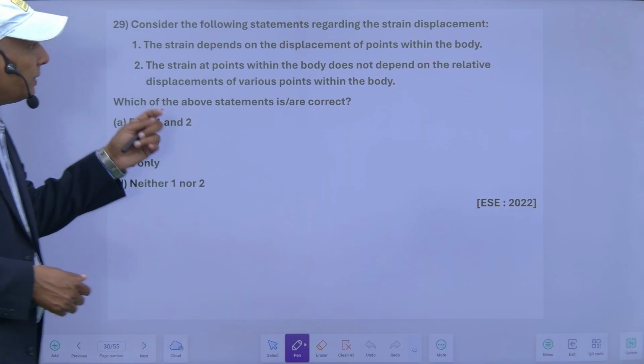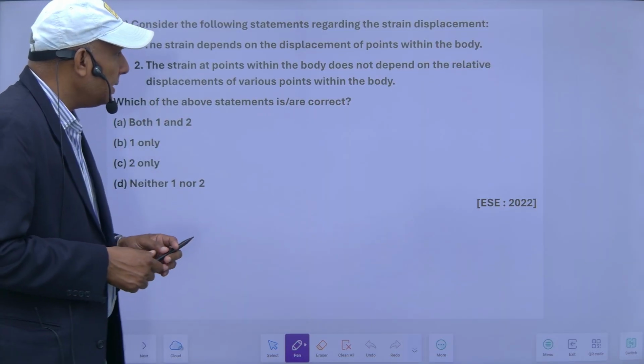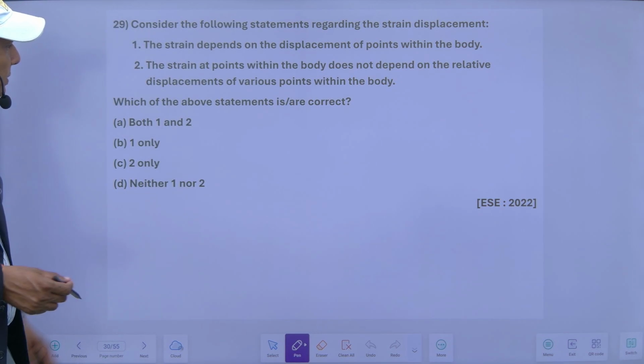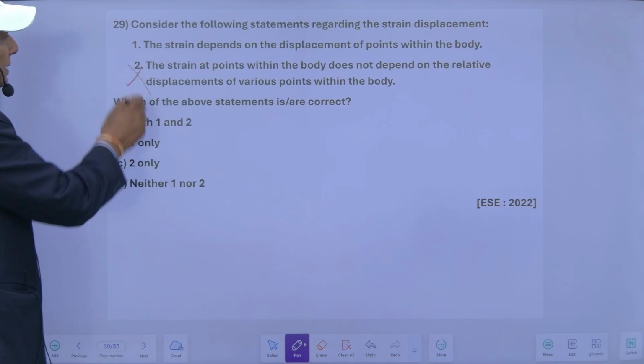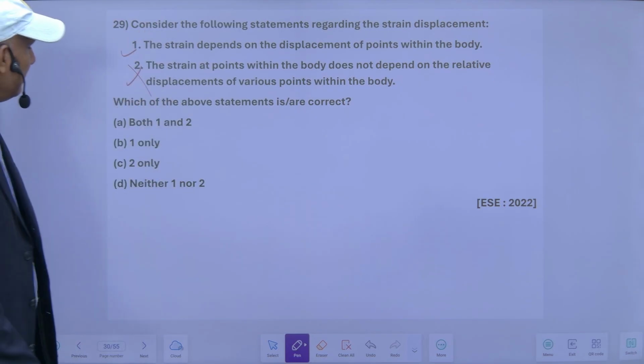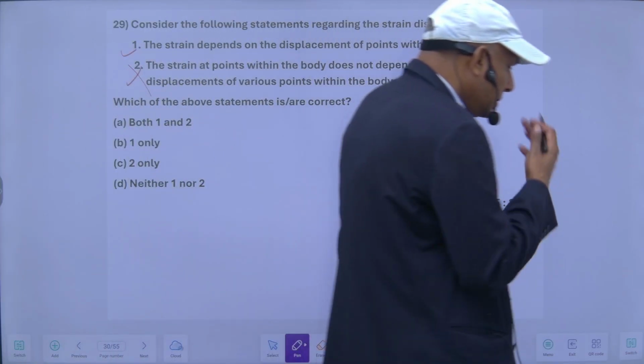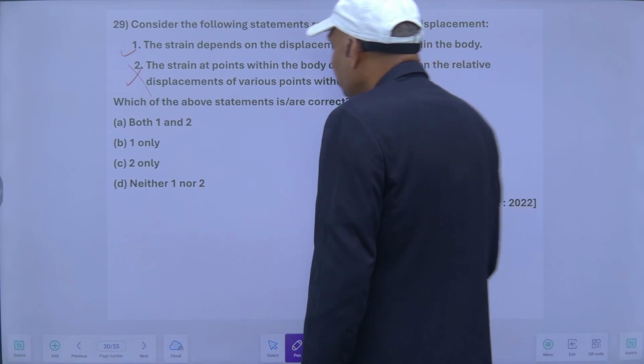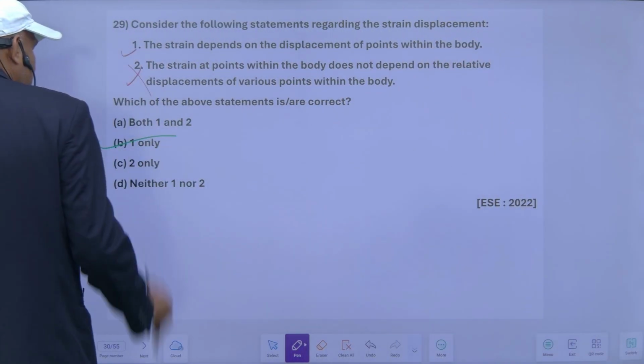So this is not correct. So this is correct. So my answer will be this one. So this is the correct answer.